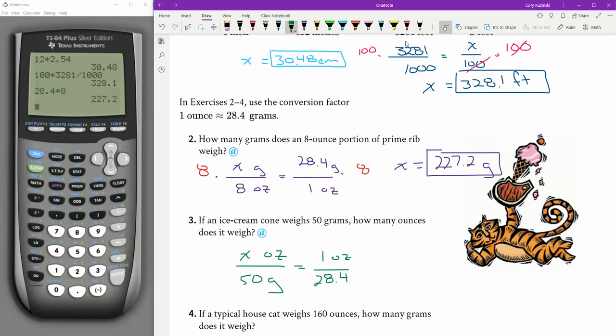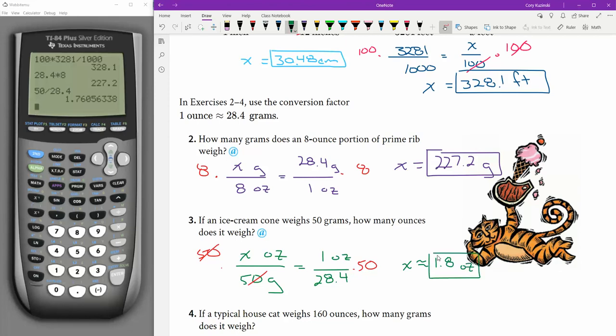So I'll multiply both sides by 50 to get rid of this 50 that's under my x. So really it's just 50 divided by 28.4, and that comes out to 1.76-ish. Let's go, x is about 1.8 ounces.